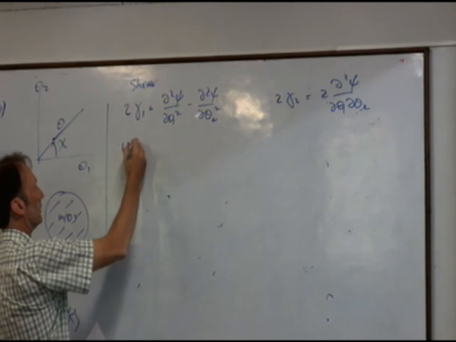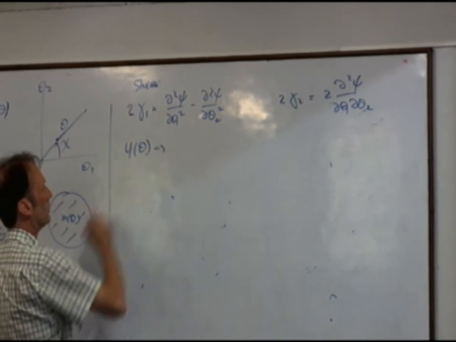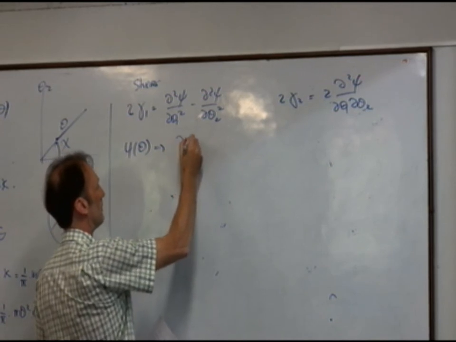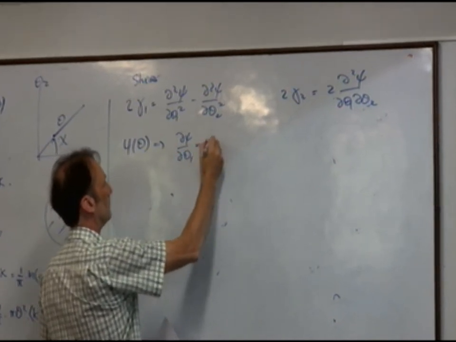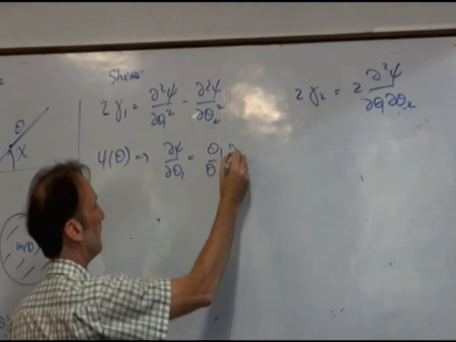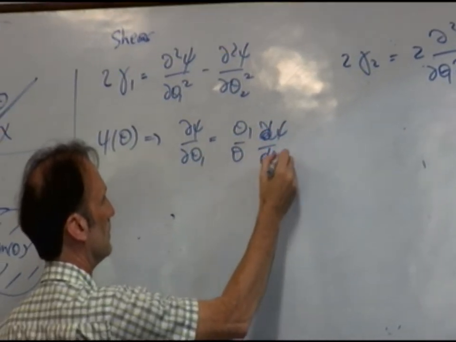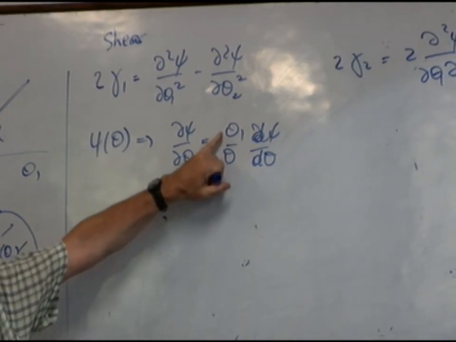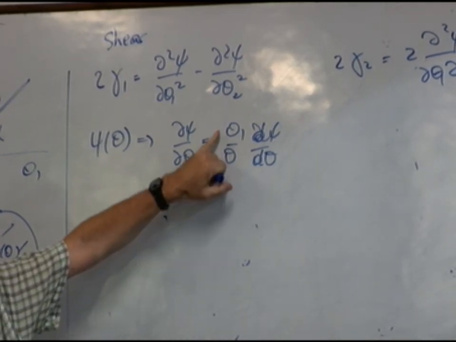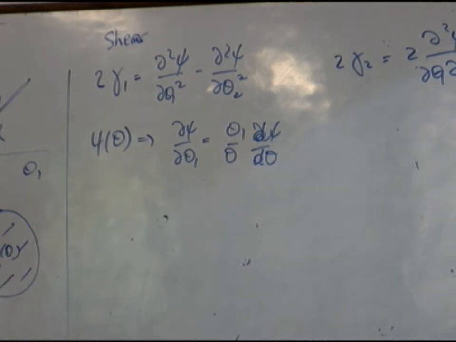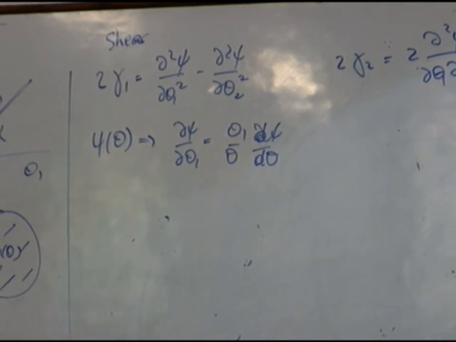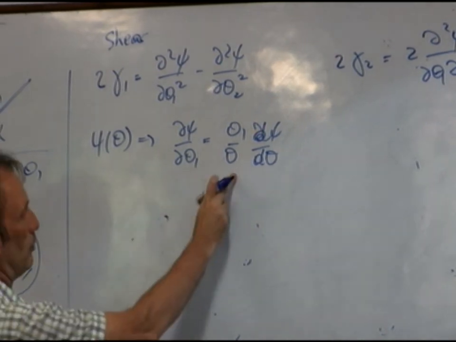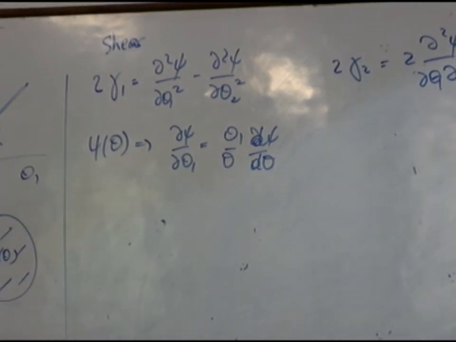Now when the potential only depends on the modulus, then you can simplify these formulae because the first derivative simply becomes theta 1 over theta times the radial gradient. So just taking the gradient in the x direction and projecting it into the gradient along the radial direction.